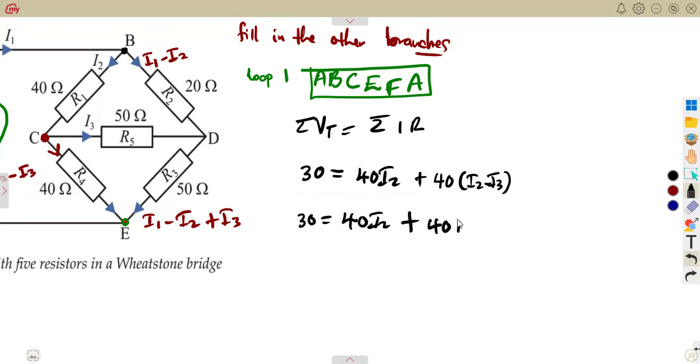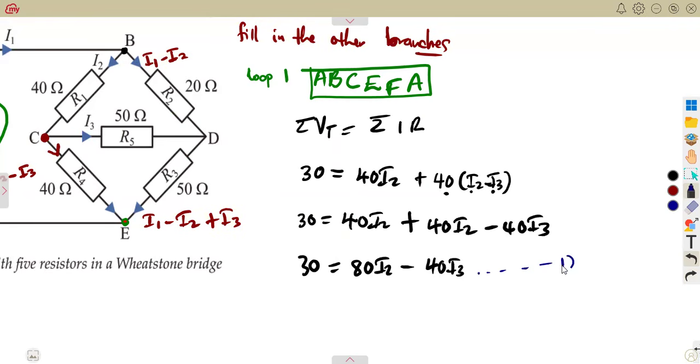That will be distributed by 40. That's 40 I2, 40 times I3, that will be 40 I3. As you can see there, we've got the like terms I2 and I2. So you can consider that. Add 40 plus 40, that was going to give us 80 I2 minus 40 I3. Okay, that's our equation. So you can consider this as equation 1.